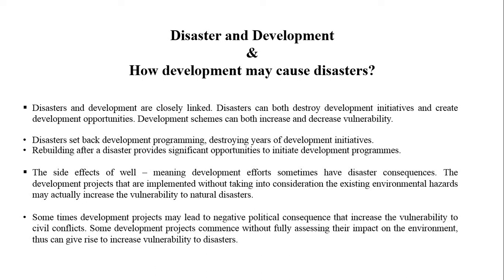Okay, so there are many development causes affecting disasters. Agriculture projects promoting cash crops may reduce the production of staple foods. Increased use of pesticides or fertilizer to augment crop yields can cause contamination of potable water supplies. Okay, there are many causes in development of disasters.